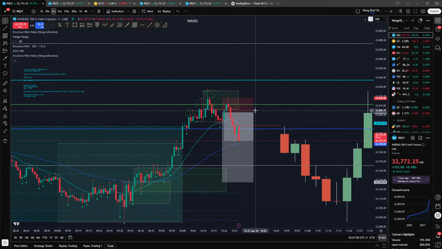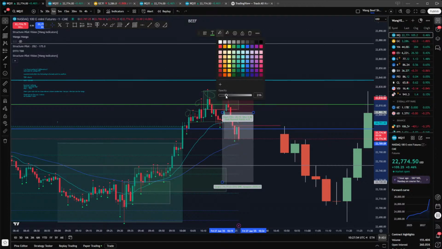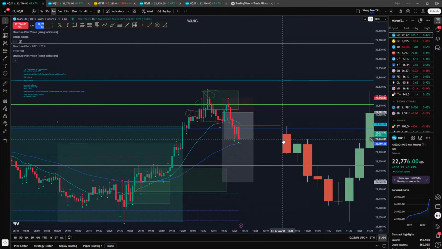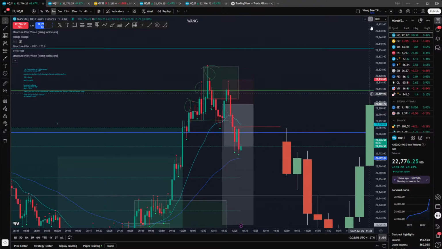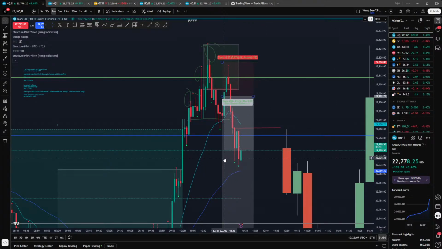Ten seconds till the close of the current candle. Let me put this in an opaque way, something more digestible. Need a body close. There's no body. Looks like price is slowing down.